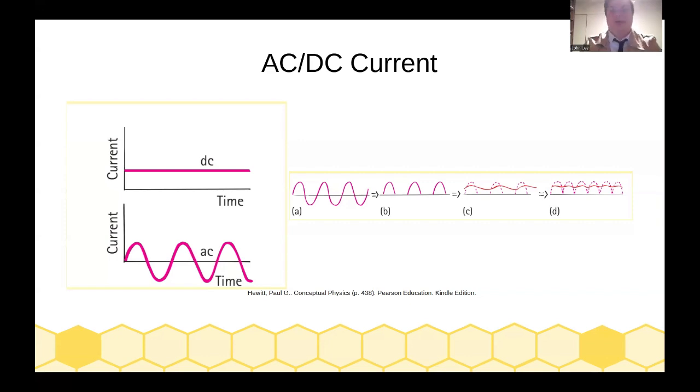Then you use a capacitor, which, in addition to being used to store energy, is also something that can store charge. So as you pass a voltage or the positive voltage over a capacitor, then it is going to store a charge.